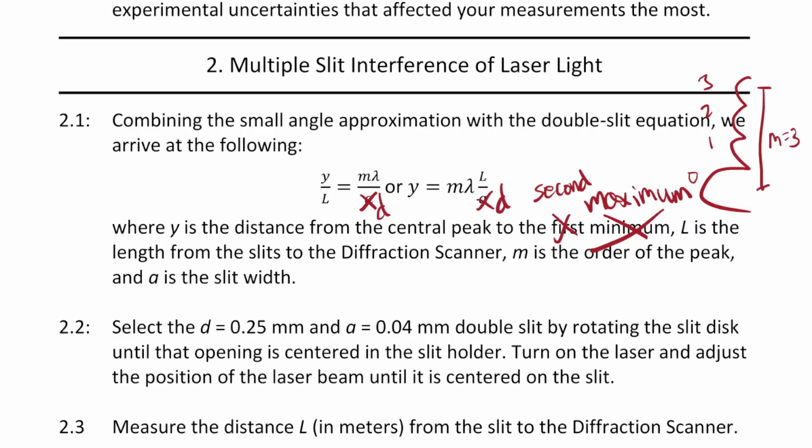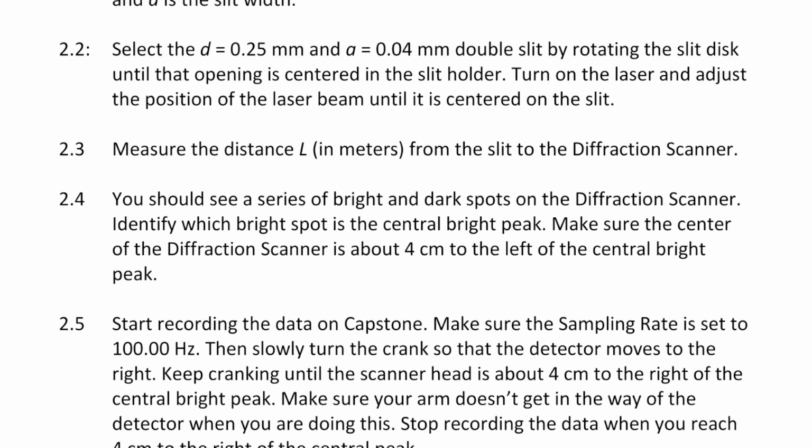So this distance is 3 times this distance, which makes sense because we can add up one distance here, another distance, and another distance, and these 3 are all equal lengths. So the maximums are all separated by the same y for multi-slit interference. And the minimums for single slit interference are separated by the same y.